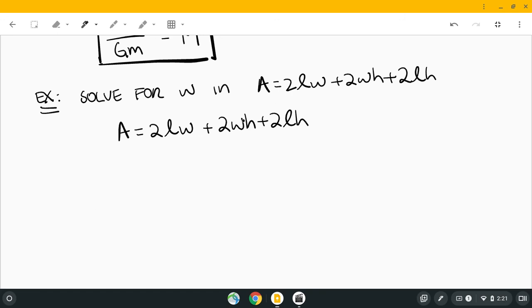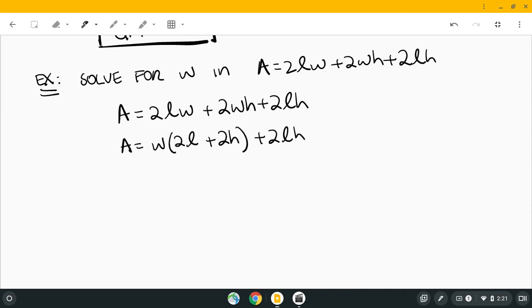So I will factor out the W so that I have only one W instead of two. I am going to factor out the W from only the first two terms. So I get that, and this plus 2LH is still part of the problem. Again, this allows me to have only one W as opposed to two.